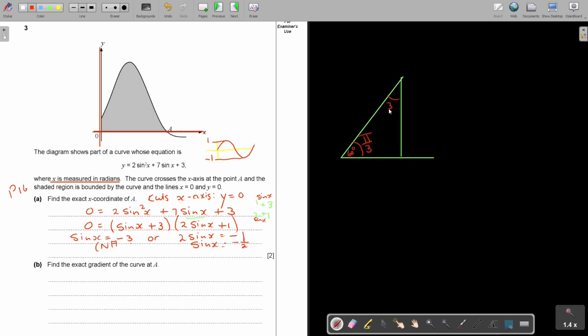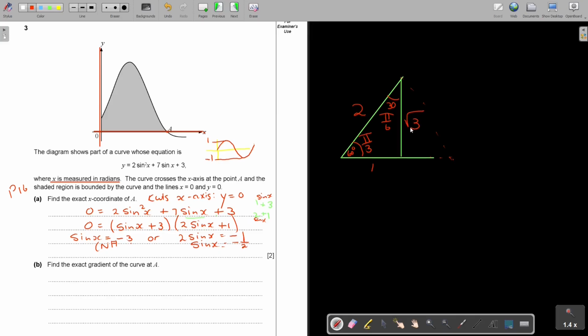And this was 30, you will see it there on page 168, and this was pi over 6. Because it was an equilateral triangle, can you remember, this was 2, but then it was cut into this side. And then Pythagoras, 2 squared minus 1 squared, and that was the square root of 3.